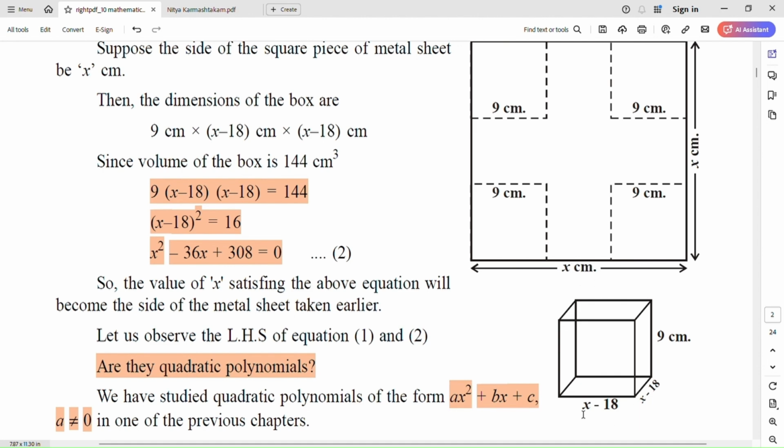So only the bottom remains, which is this x. So the dimensions of the box are 9 into (x minus 18) into (x minus 18), correct. This is the total capacity of the box, basically the volume of the box. The volume of the box is 144, that is given, so these three will be equal to this.